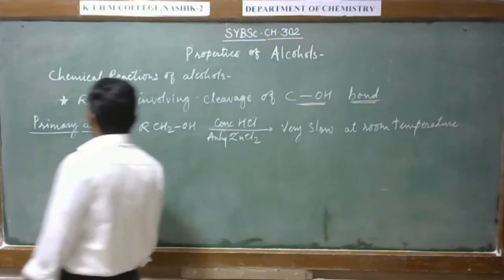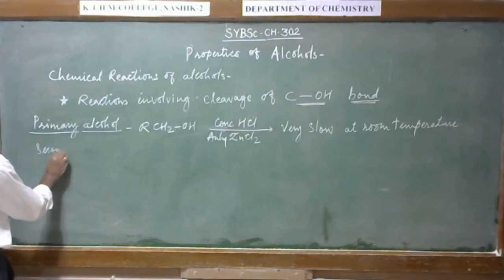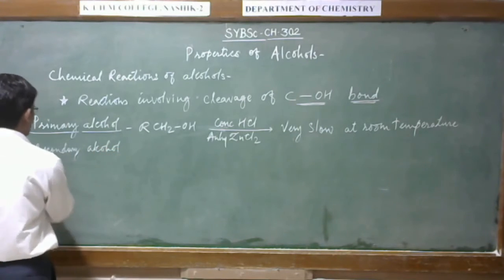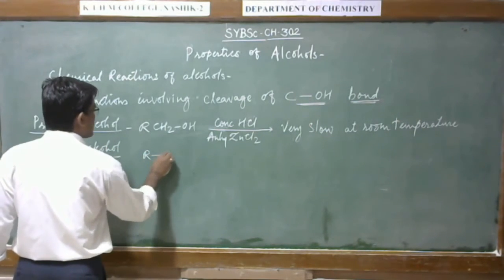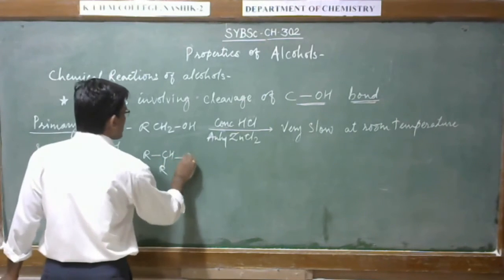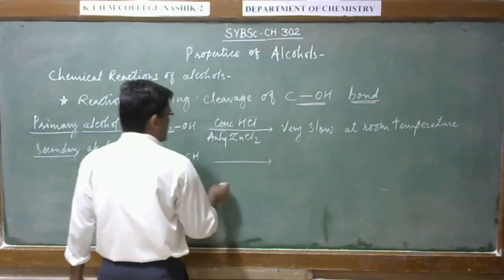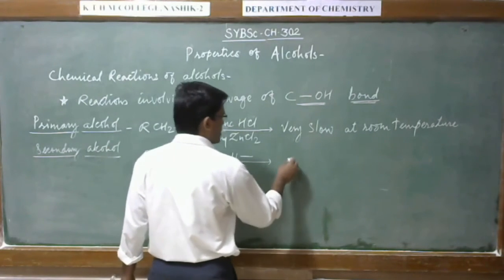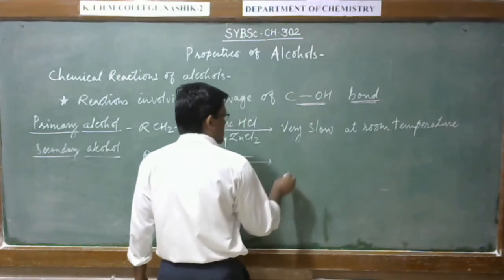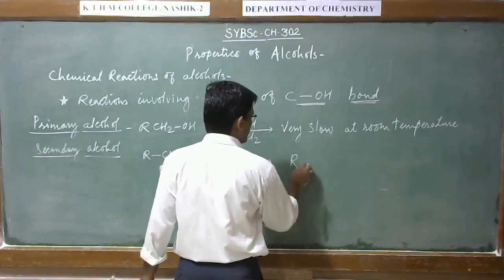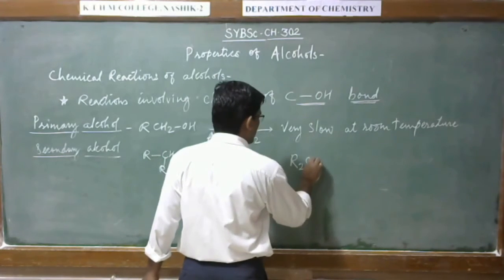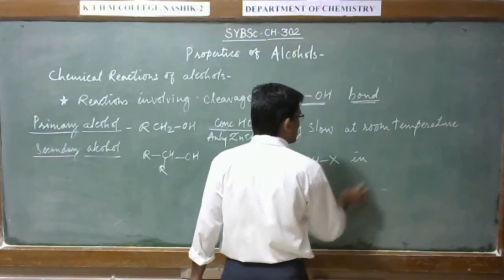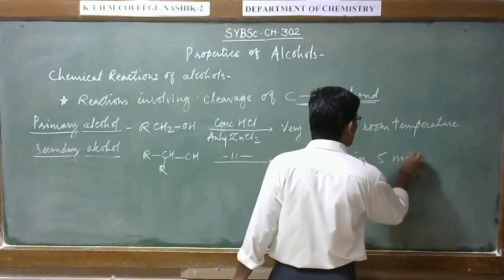Secondary alcohol with concentrated HCl in the presence of zinc chloride gives the alkyl halide in 5 minutes.